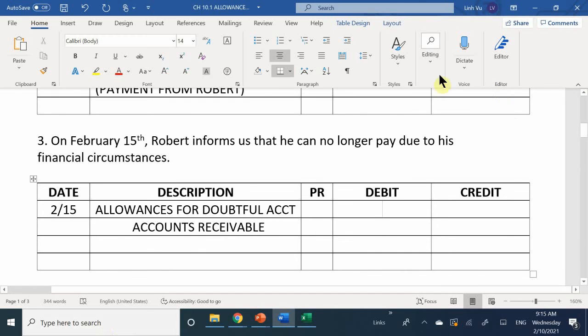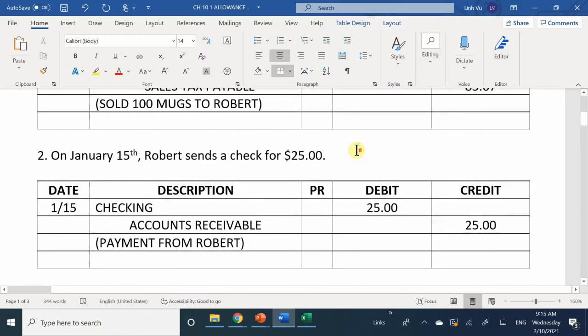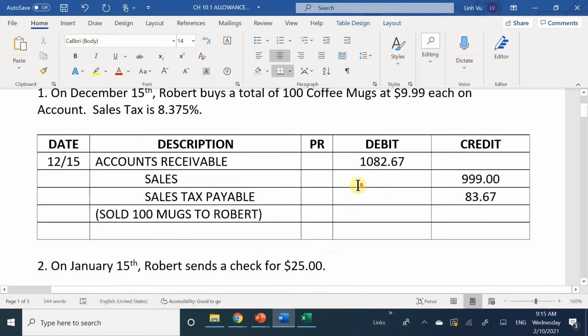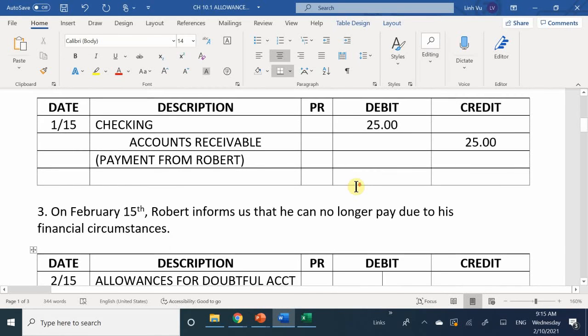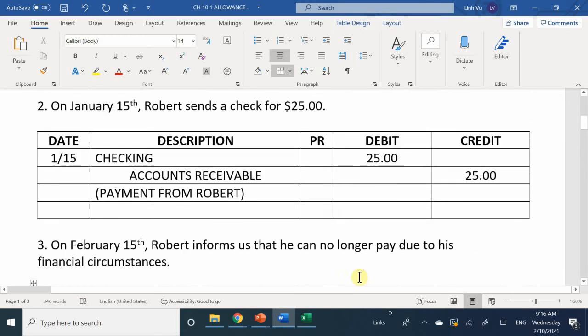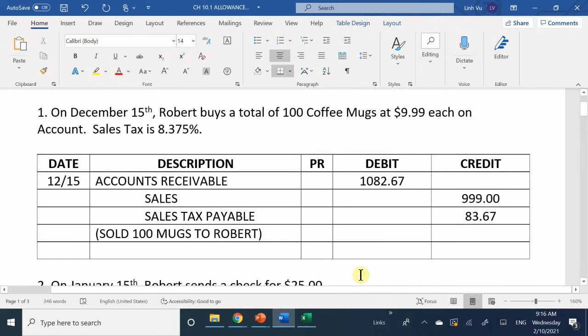Now, in this context, if I started my account balance at $1082.67 and he made a $25 payment, how much does he actually owe me right now? $1054.67. So let me see. 25.